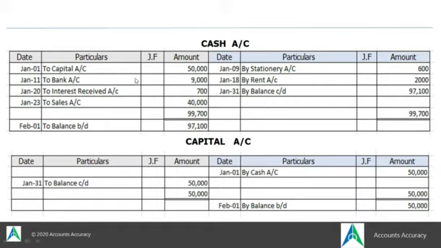Now remember, any side your balance could be carried down, either at right hand side or at left hand side. It depends on the situation which amount column is more and which amount column is less.